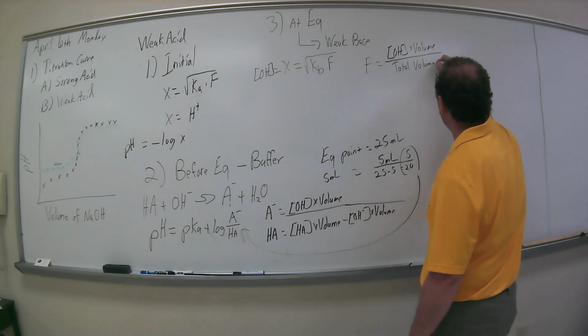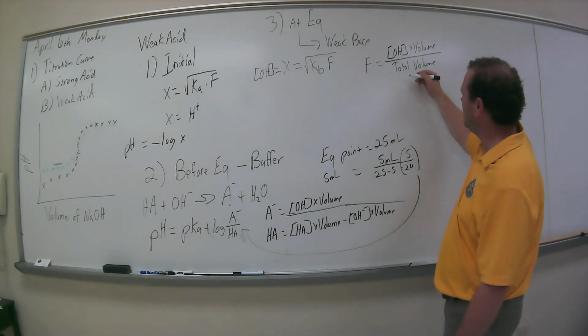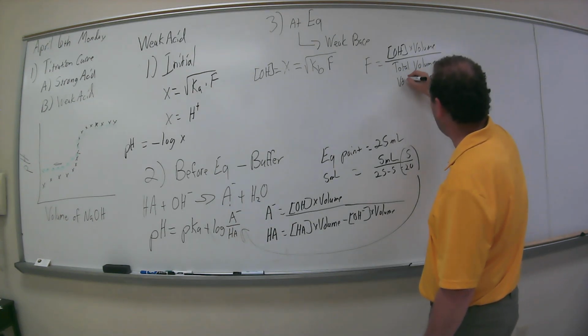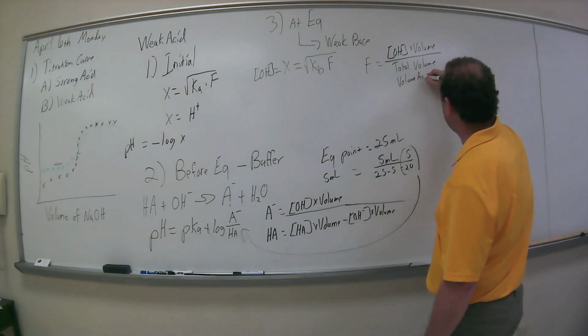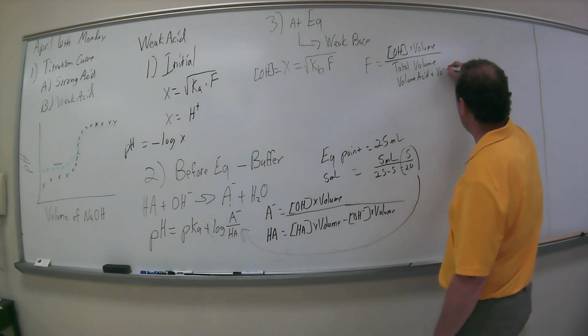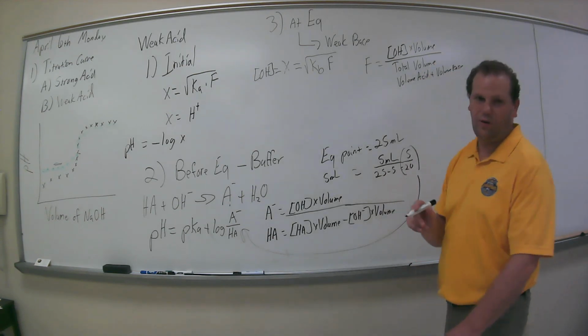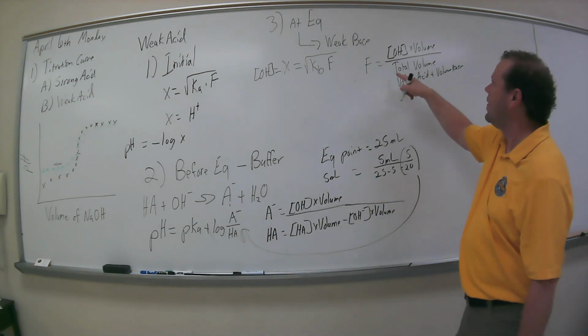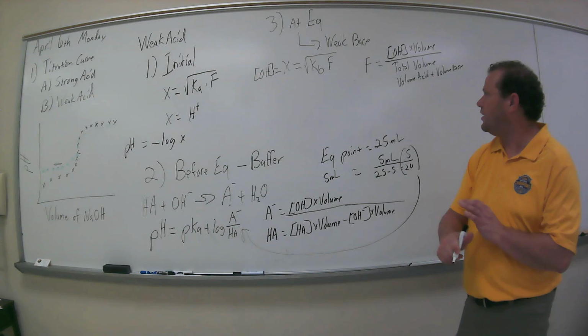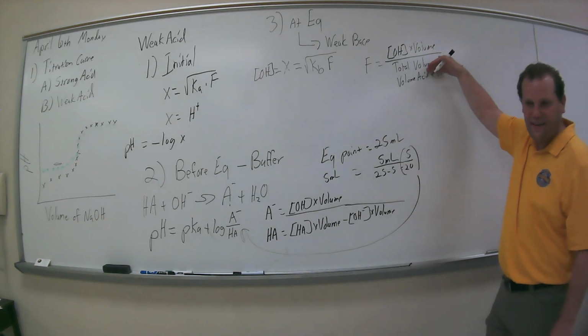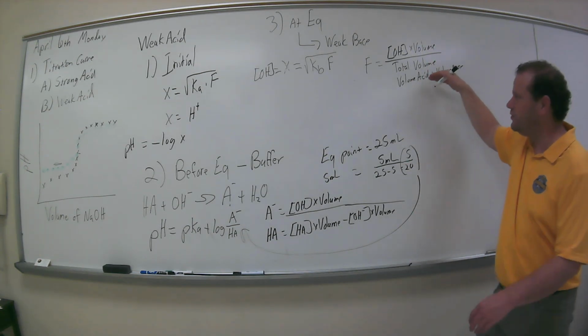To be a little bit more specific, this would be the volume of your acid plus the volume of the base. That's what we talk about when we talk about the total volume. That will get you your formal concentration. This gets you your moles, that gets you your volume, because you've been doing some dilution.